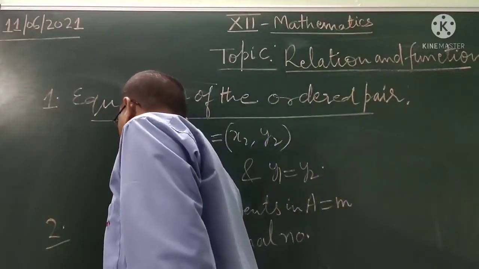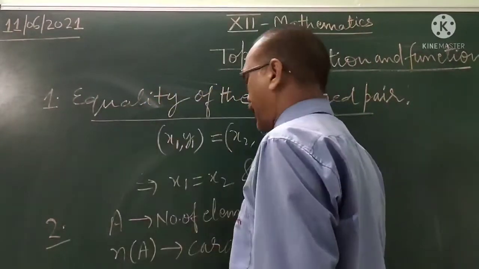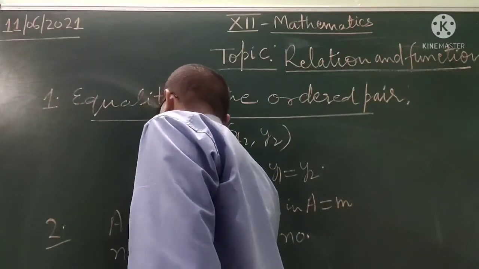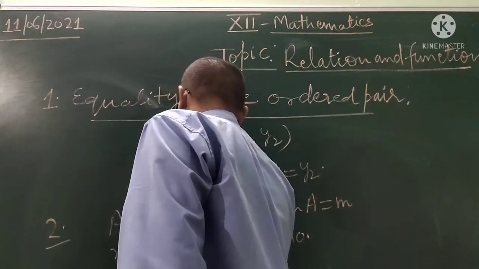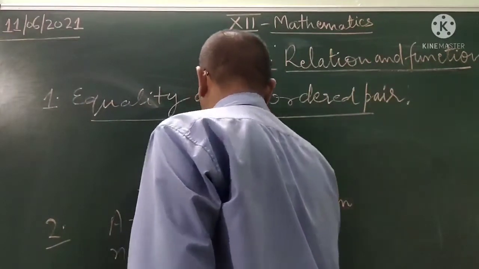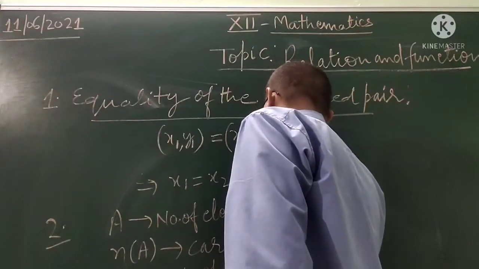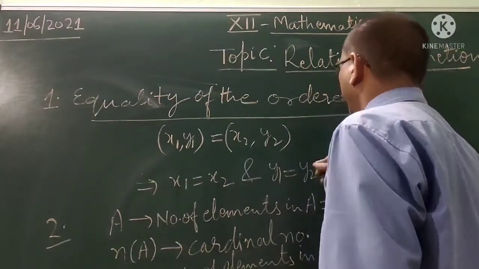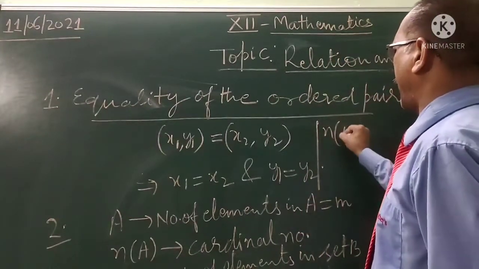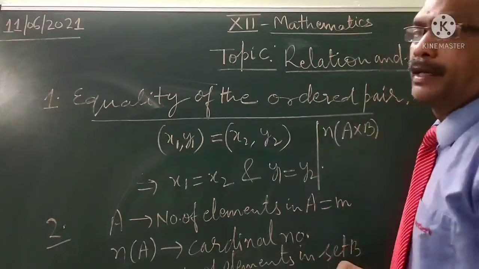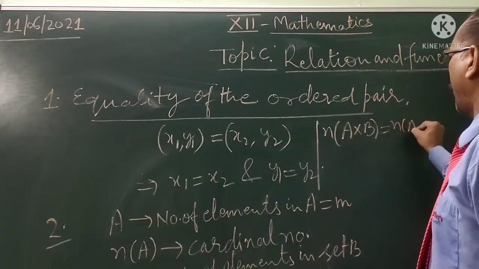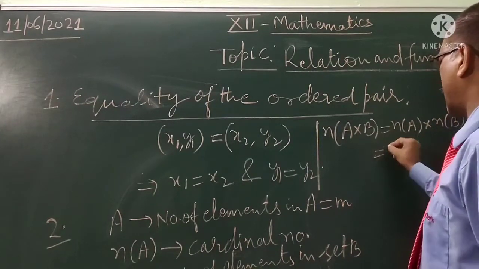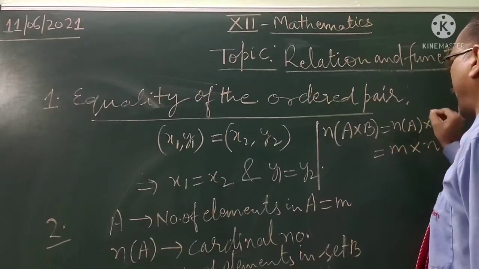And set B having n elements, means n(B) equal to n, the number of elements in set B. Therefore, n(A cross B) equal to n(A) into n(B), or it is m into n.